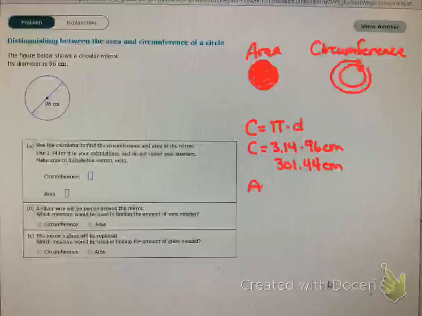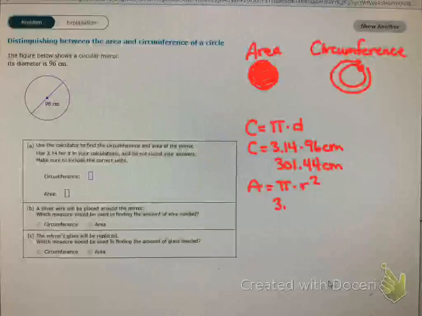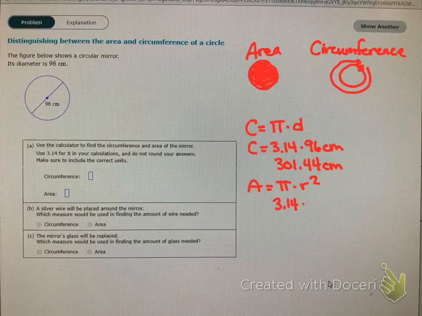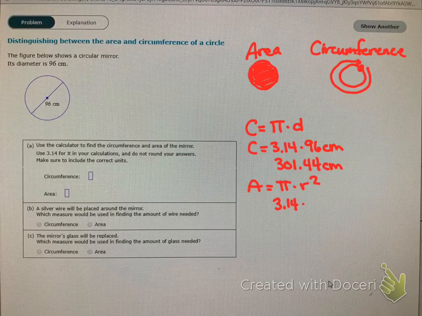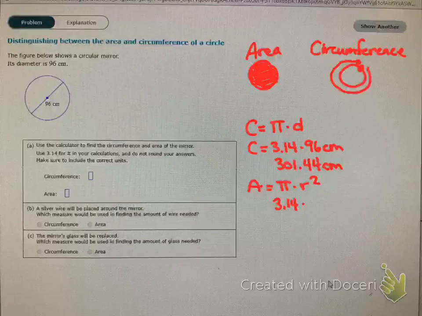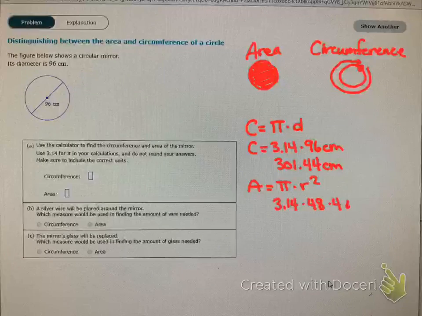The area equals pi times the radius squared. That's going to be 3.14 times, now the 96 was the diameter. I need half of that, so I do 96 divided by 2 and I get 48. So this is times 48 squared, or times 48 again.